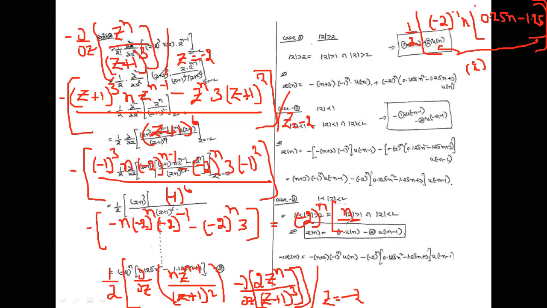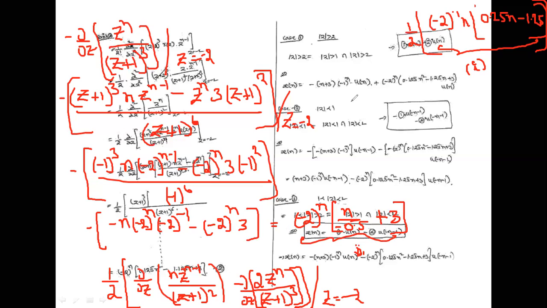It becomes 1 by 0.2, nothing but 0.5, that too minus 0.5. And minus into minus becomes a plus. Minus 2 whole power n, take the common, the 3. Now you can add this function to the first term. This is the second term we got. Add these two.